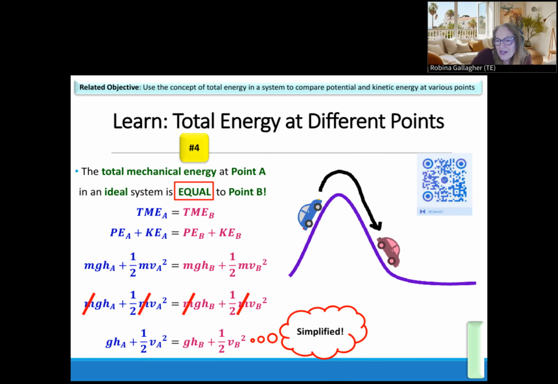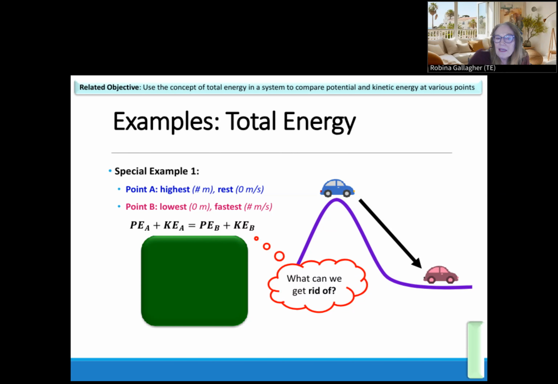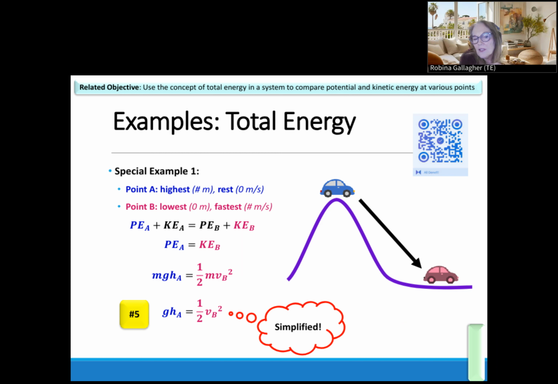Also, if I look at the bottom of the hill, there's 0 meter elevation, so I can cancel the kinetic energy for point A, and I can cancel the potential energy at ground level because there's 0. If I do that, then I can simplify this equation and get an equation that's a whole lot easier to use. Okay.